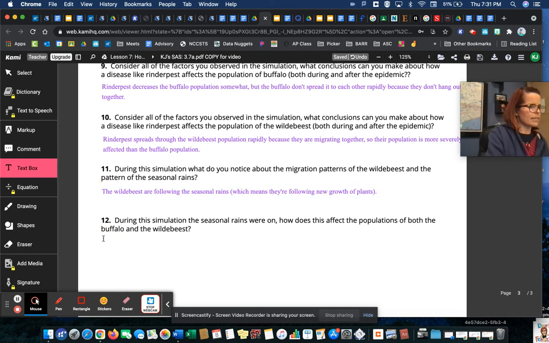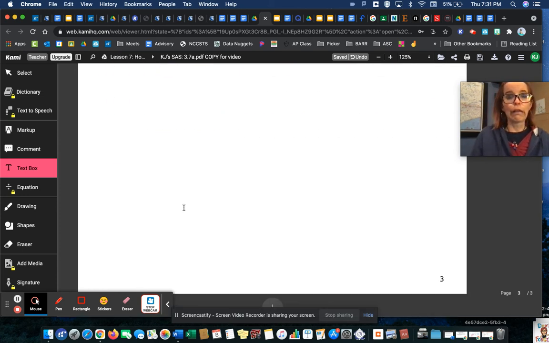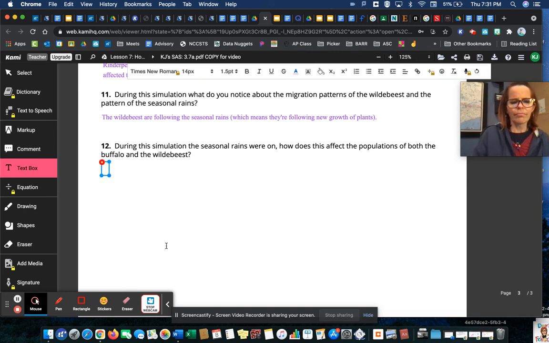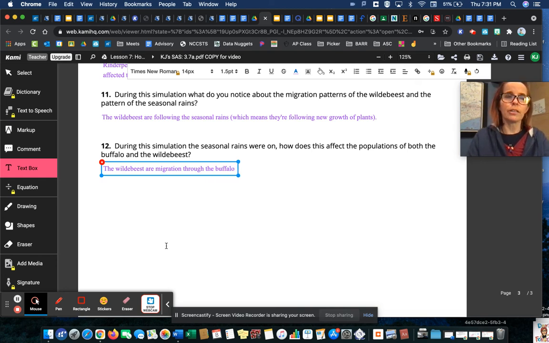So in this case, give me just a second here. Whoops, I'm not typing. Hold on, I flubbed that up. The wildebeest are migrating through the buffalo territories, so they get infected.